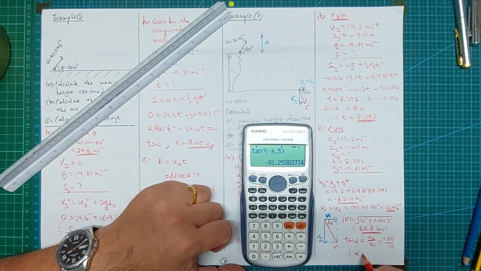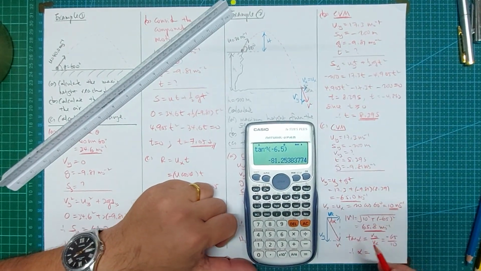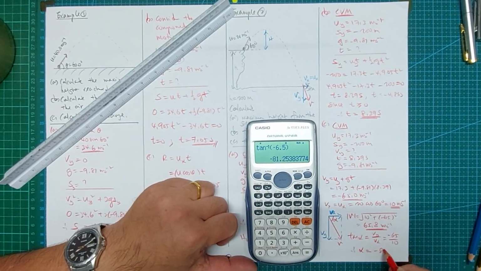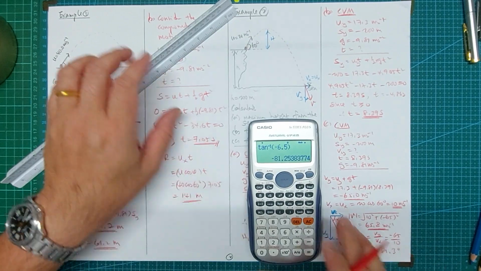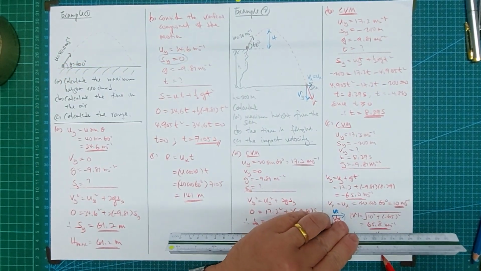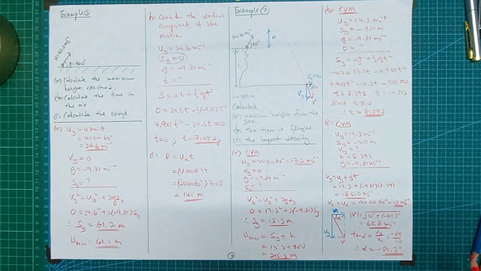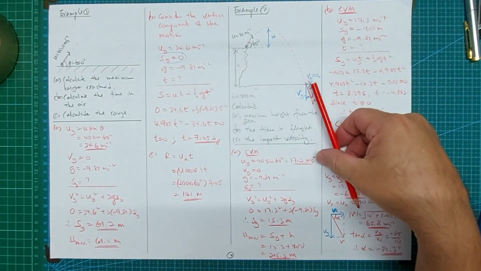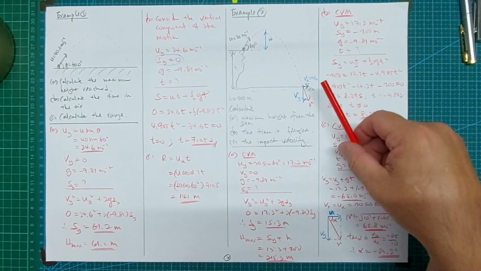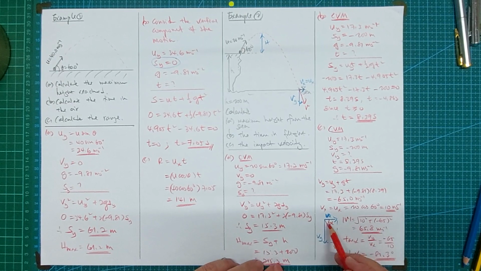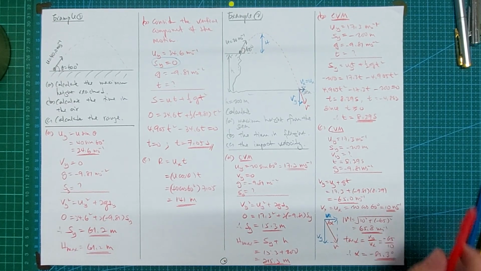So your angle during impact is negative 81.3 degrees. Negative means the angle is actually below the horizontal. This is a sea surface, so you calculate the angle below that horizontal surface.